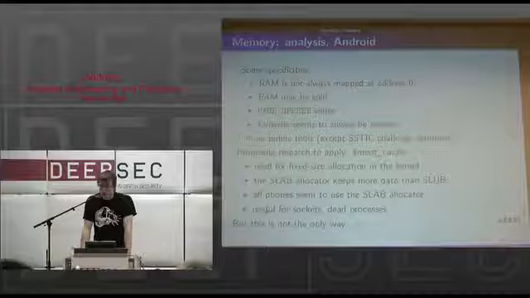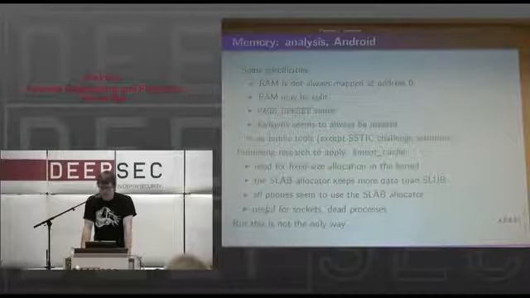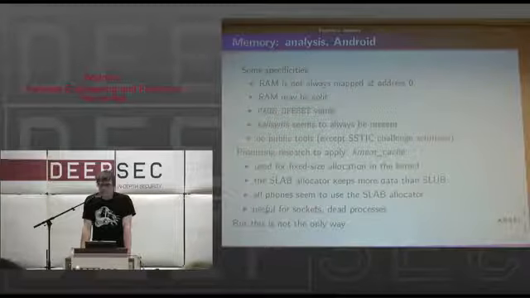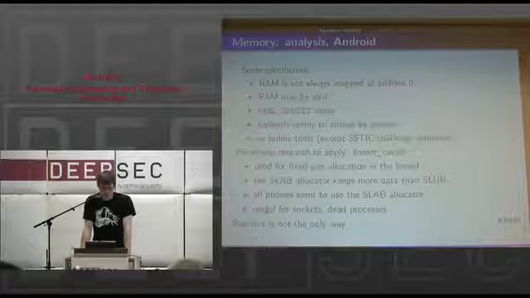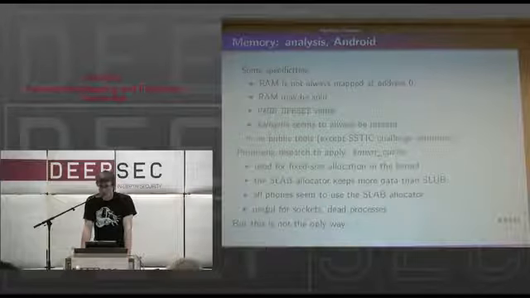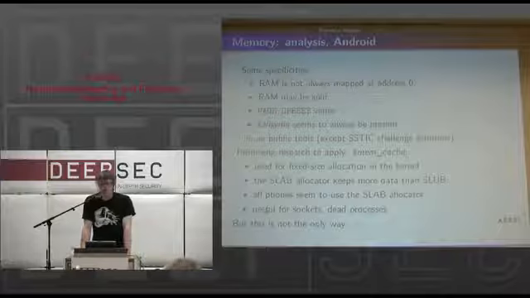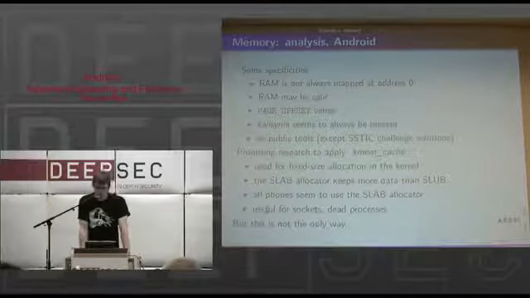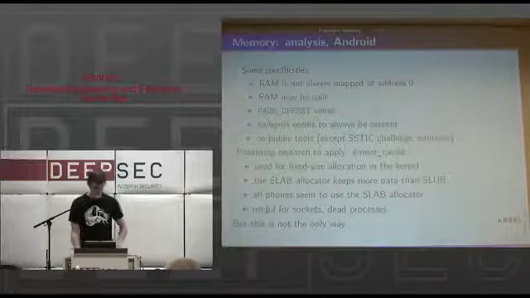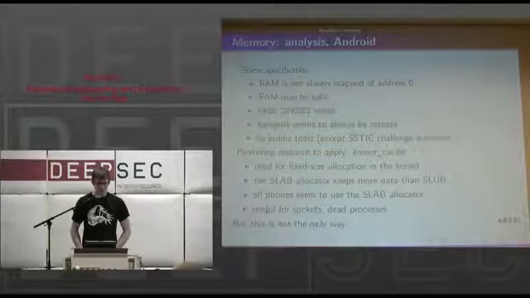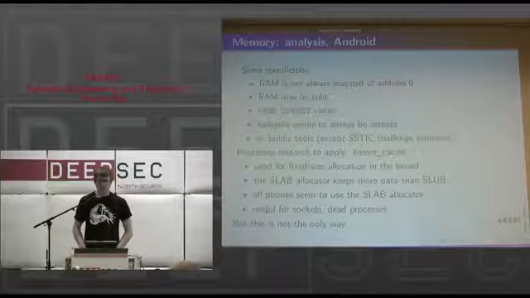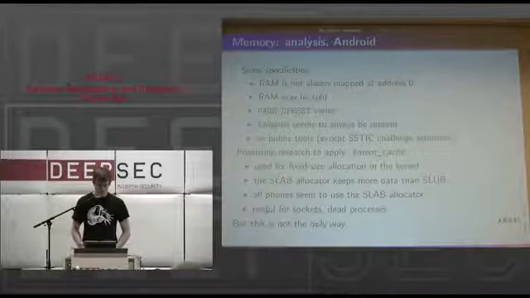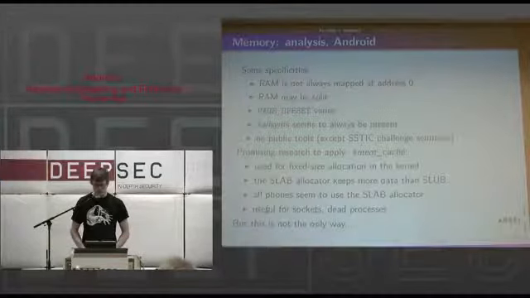And it's really useful because the slab allocator, which is the default on all the phones I have seen, is really good at keeping data after they are not used anymore. So if you can parse the kmem_cache, you're probably going to find a lot of information about dead processes, closed sockets, and everything. So this is the standard way of analyzing a Linux kernel, a Linux physical memory dump.